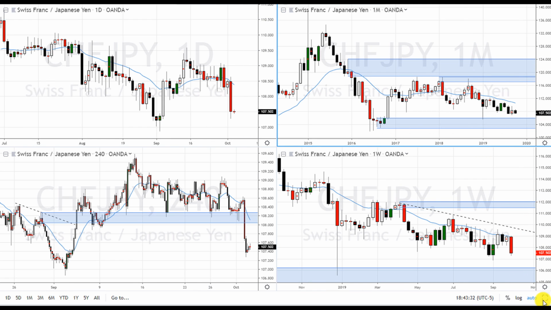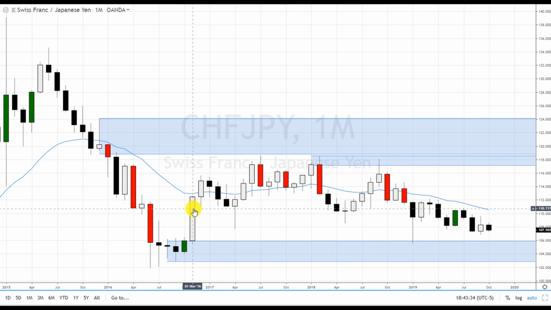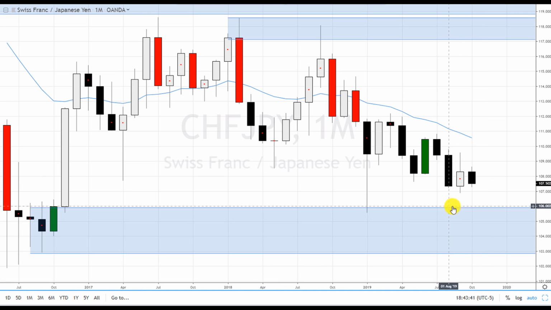Alright, on the monthly, we have price just been ranging in between this. A month ago it was at this candle and we said we did not want to short because the impulse is just not strong enough, but it is in a bearish sentiment right now.